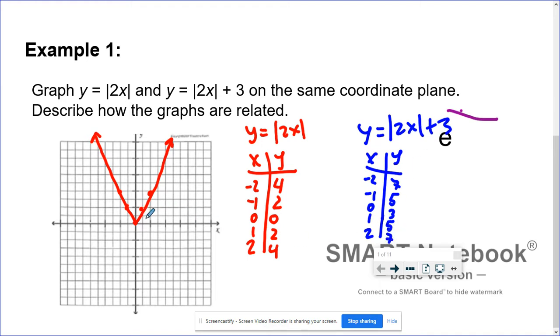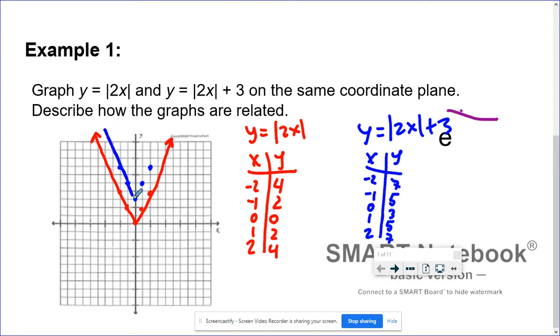I'm going to plot those points. So -2, 7. -1, 5. 0, 3. 1, 5. 2, 7. What you should notice is each of the red points, as related to one of the blue points, is up 3.